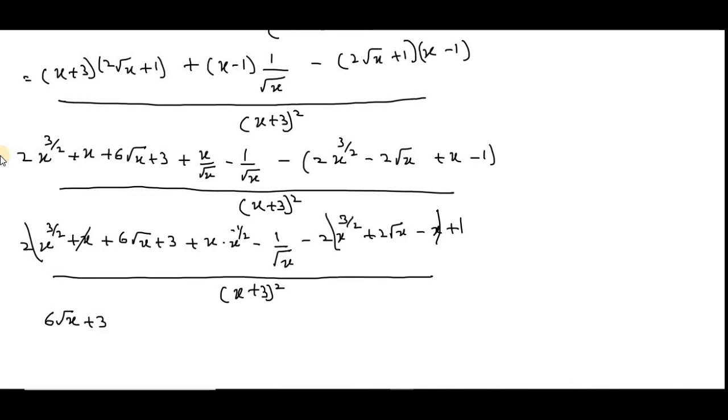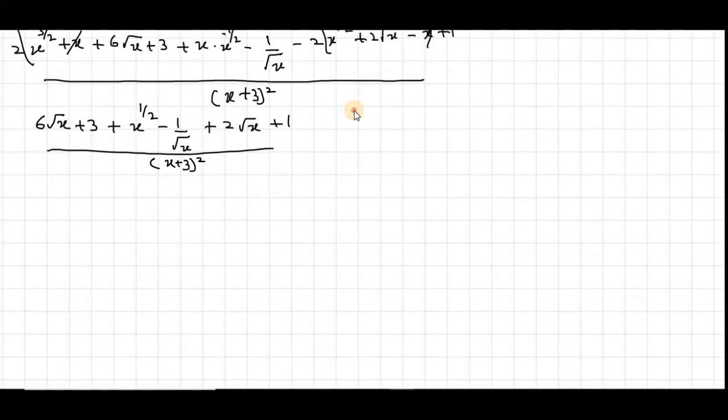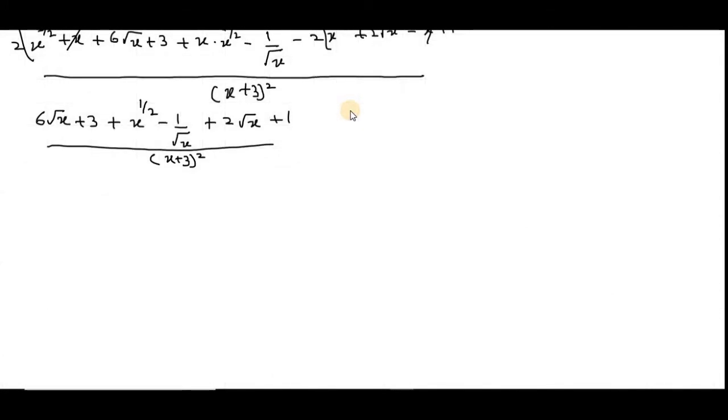It is 6√x plus 3 plus x raised to power 1 by 2 minus 1 over √x plus 2√x and plus 1, whole divided by (x + 3) whole square.